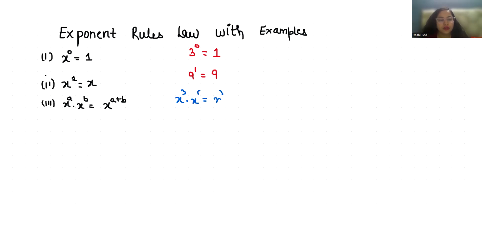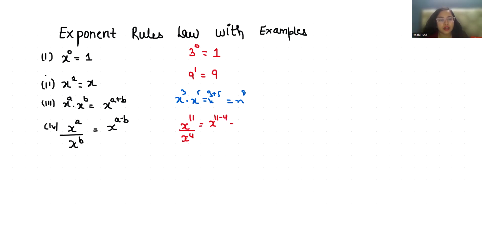Now another exponent rule, x power a by x power b is equal to x power a minus b, which means if there is x power 11 by x power 4, we can write it as x power 11 minus 4, that is x power 7.